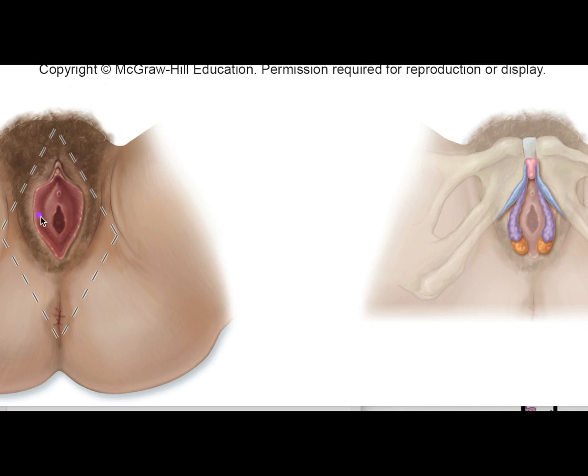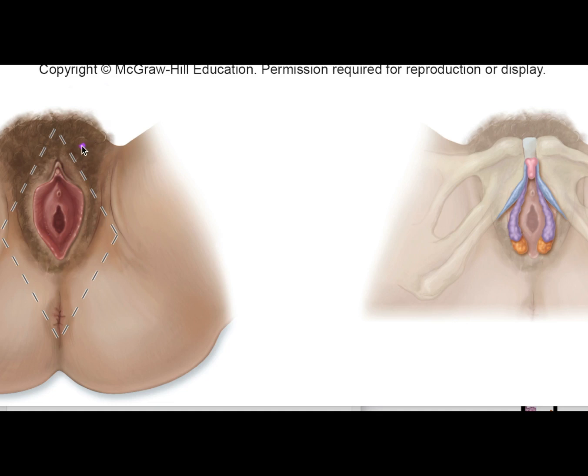The inner fold is the labia minora, and then we have the clitoris here. So the clitoris is homologous to the penis. It is full of erectile tissue. The only difference is obviously the size, and that the urethra does not pass through the clitoris as the urethra passes through the penis in the male.